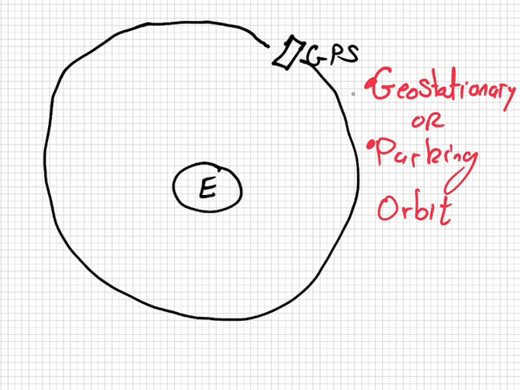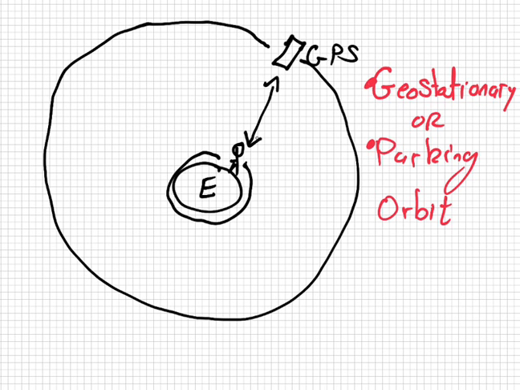Because as you move around, so does the satellite. So to a person on the Earth, let's say here, how long does it take them to go around? 24 hours. And then the satellite, 24 hours. So it always looks like it is above the person.